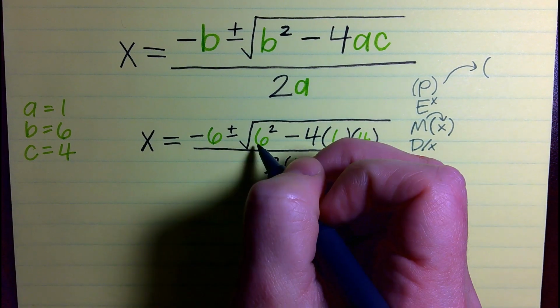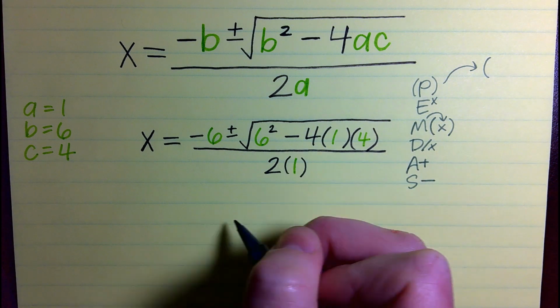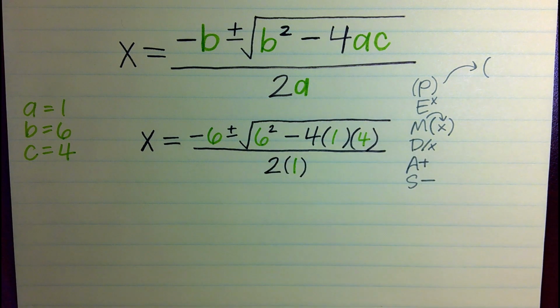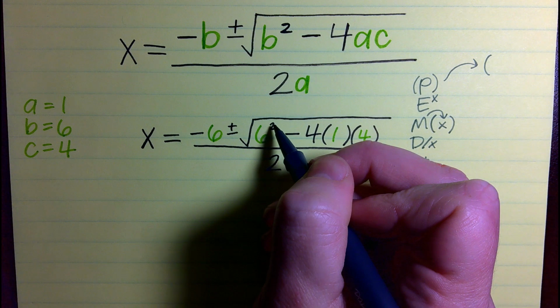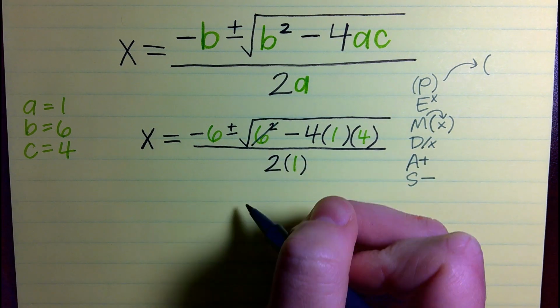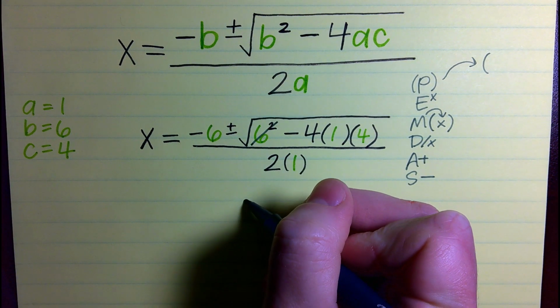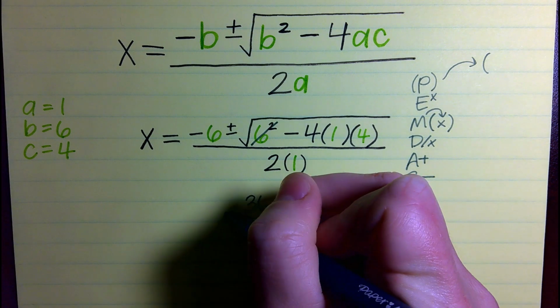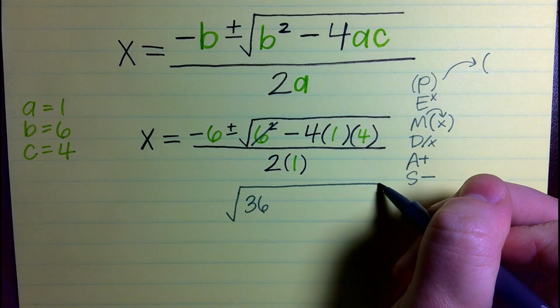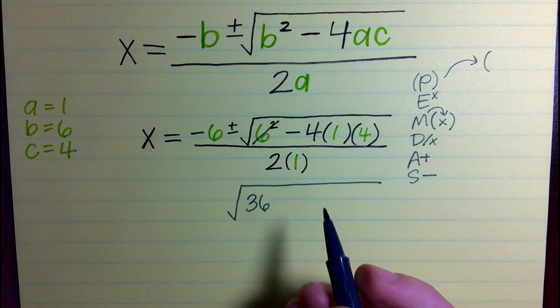What's 6 times 6? Good. 36. So as I do each part of this, I'm going to cross it off so I know I'm done with it. And I'm going to write 36 down here. And then I'm going to rewrite things.